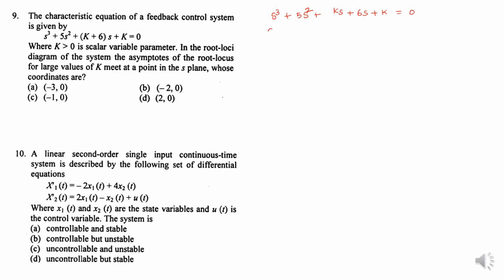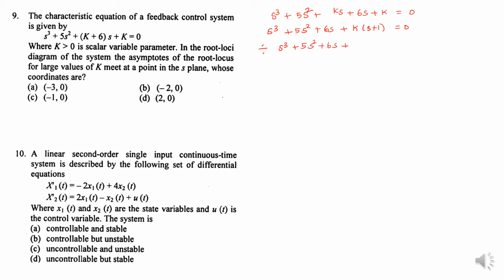Then I have to separate the k. s cube plus 5s square plus 6s plus k into (s plus 1) equal to 0. Divide the whole equation by s cube plus 5s square plus 6s.